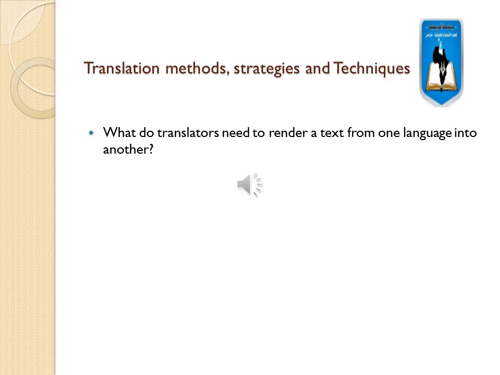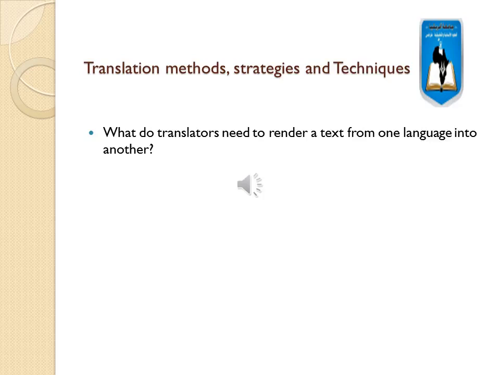So one scholar used the term methods of translation as an umbrella term to refer to the ways or modes adopted by translators in transferring the meaning of a text from one language into another, which they call procedures.